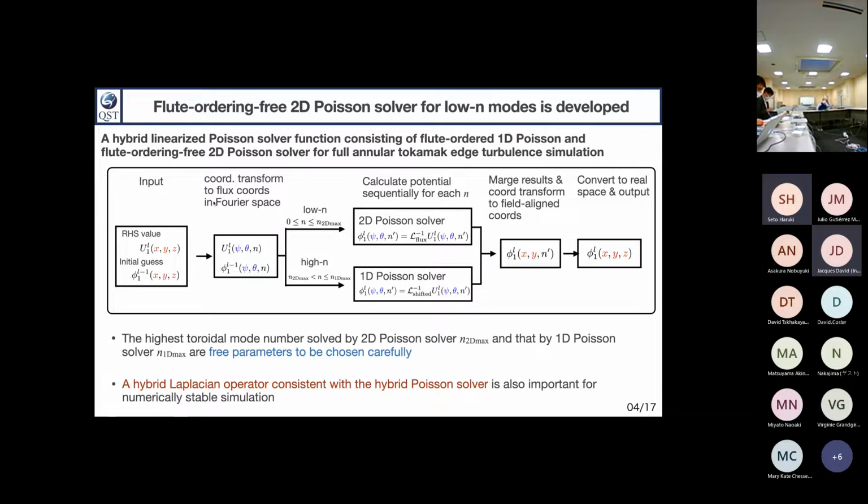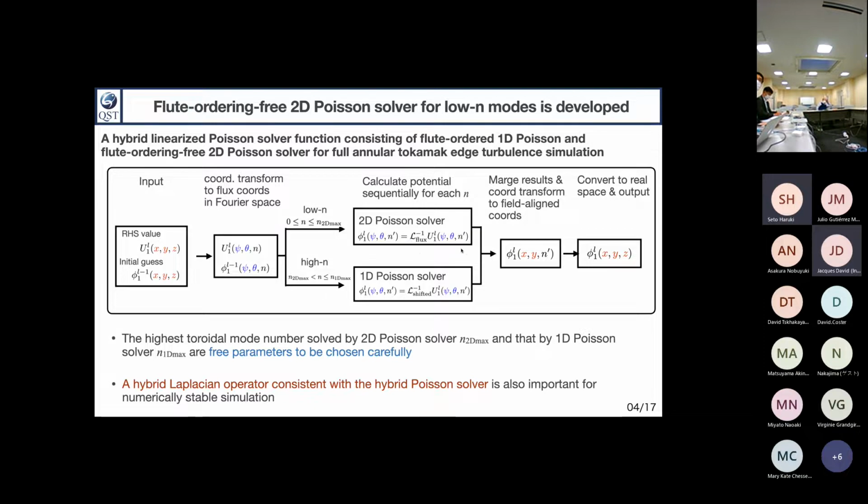The vorticity at the time step L and the flow potential at the previous time step L-1 defined in the field-aligned systems are input as the right-hand side values and initial guess for the PETSc solver. And these values are converted to the flux surface coordinate system in Fourier space.